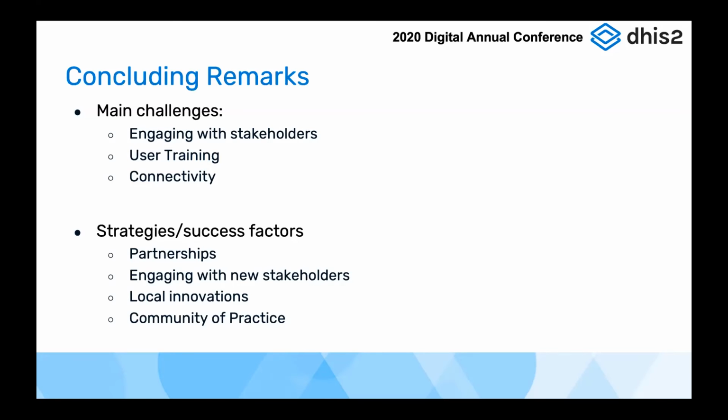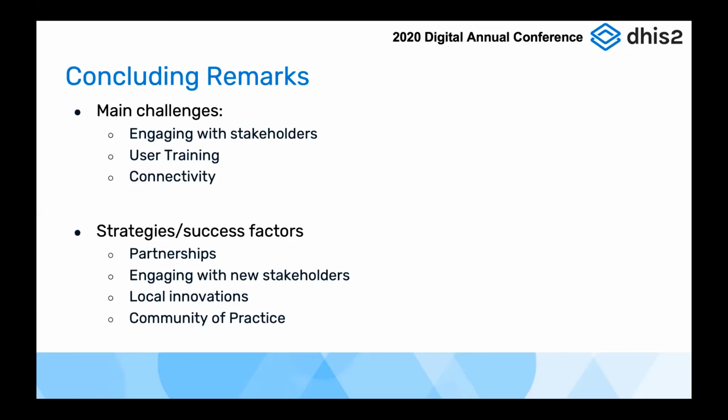The strategies that we adopted: partnerships were one of the keys that drive us to make sure this is happening, engaging with the new stakeholders, and having these innovations that could help address some of the needs. Also, the most important, I think, is being engaged with this community, the developers and the DHIS devs from Oslo and other countries.